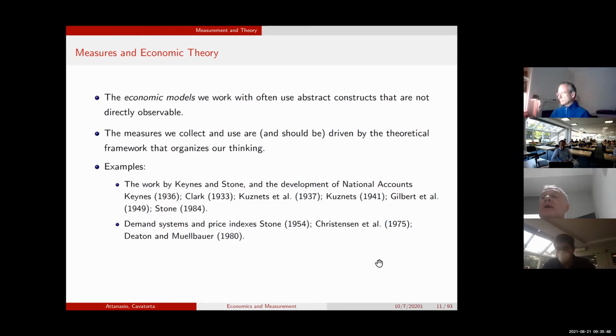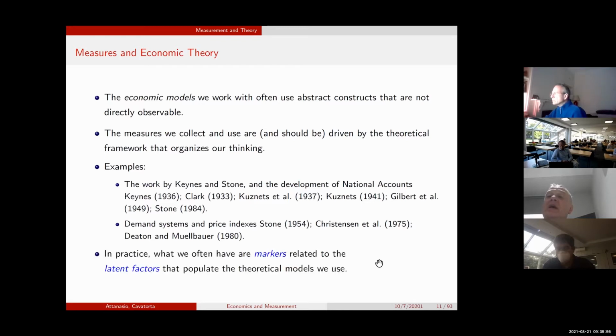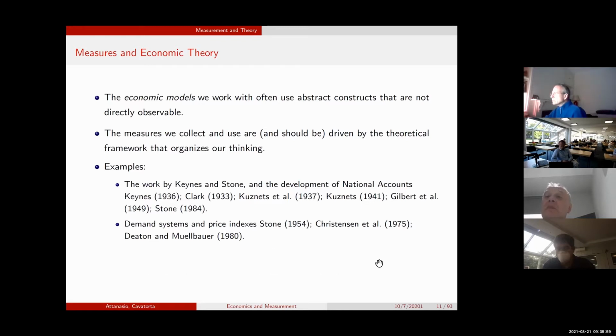And then the type of price indices you compute will be informed by the specific assumptions you make on preferences. And so there is nothing new or surprising in saying that the economic models actually inform what we measure and how we measure.